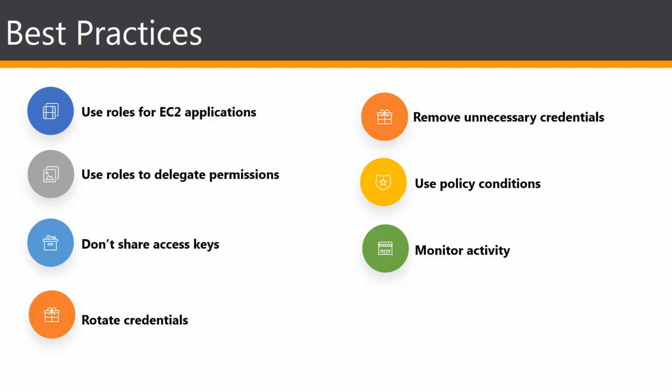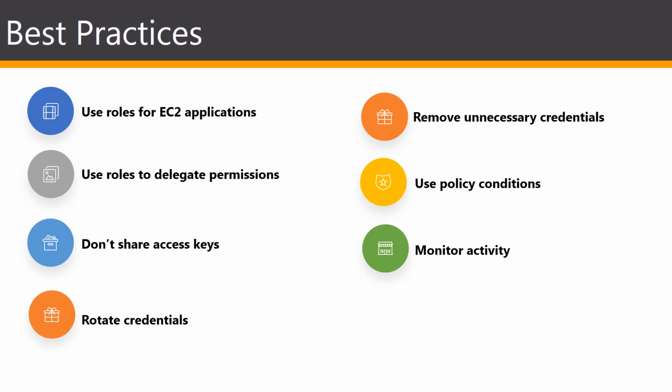For EC2 instances, make sure that you use roles. Now, for applications that run on them, they need credentials in order to access AWS services such as storage services. And to provide credentials to the application in a secure way, use the IAM roles. A role is basically an entity that has its own set of permissions, but that is not a user or group.